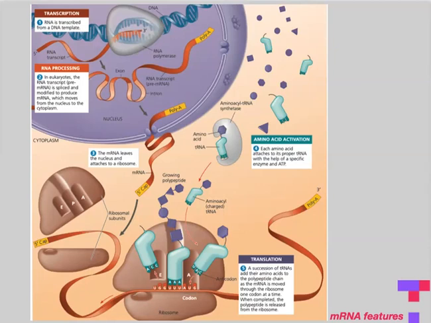Finally, we also have tRNA or transfer RNA. These are small clover-shaped molecules that carry amino acids to ribosomes. That's where they decode the mRNA message or amino acid sequence in the polypeptide to be built.